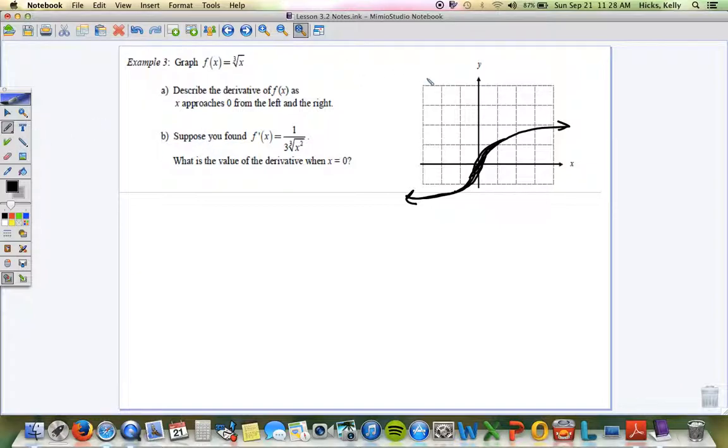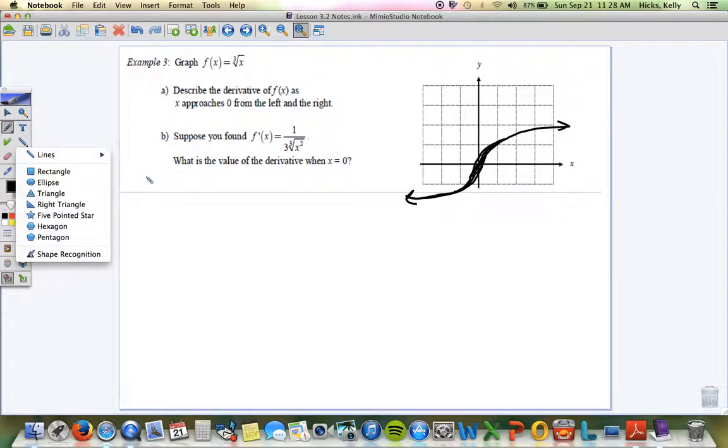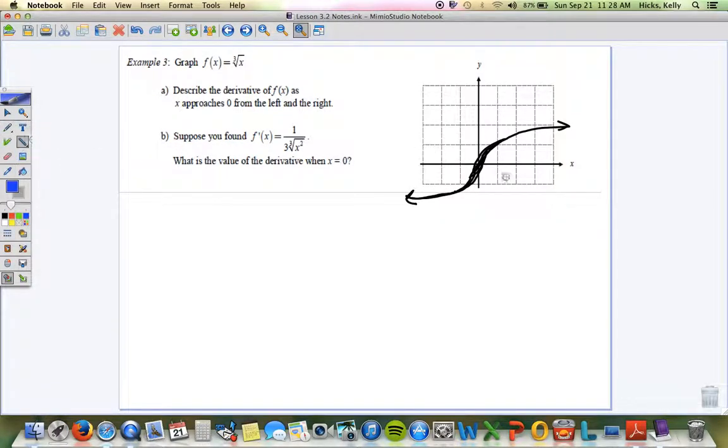Okay, so the derivative, if I make some lines again, is coming in and doing this. The derivative is equal to the slope of the tangent line, so I'm drawing some tangent lines here. Kind of messy. But what happens to the slope of the tangent line as we get closer and closer to 0?